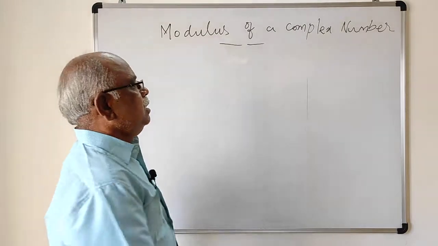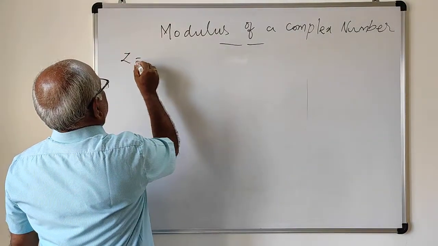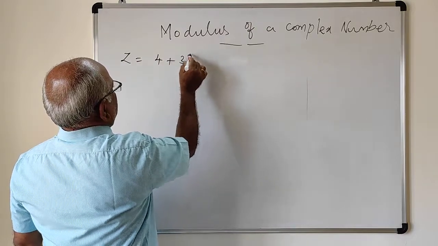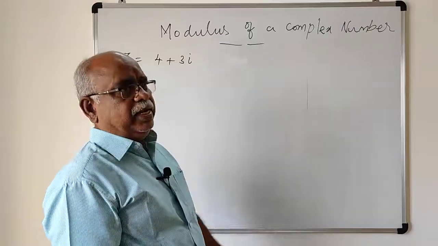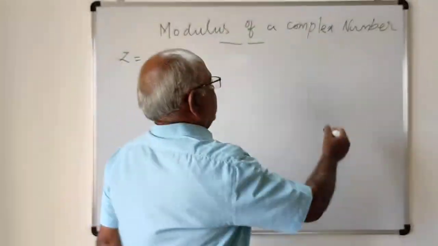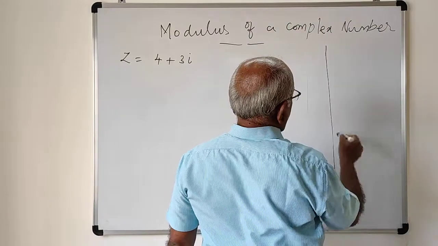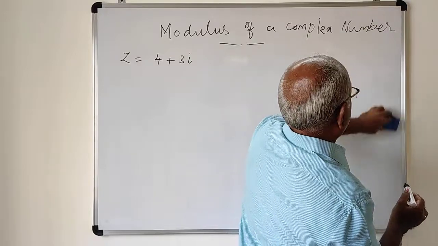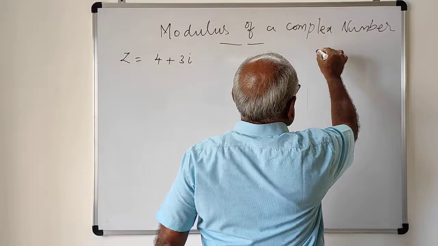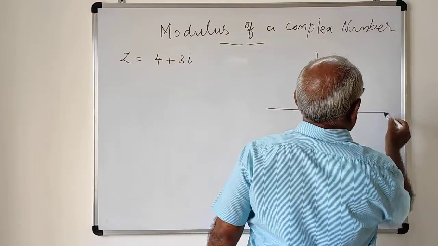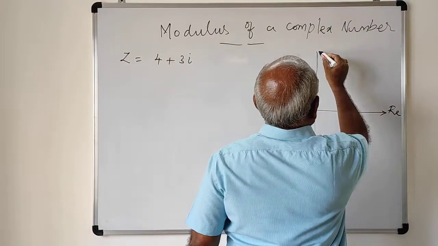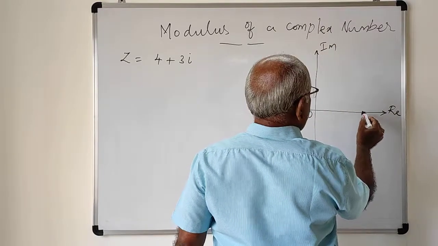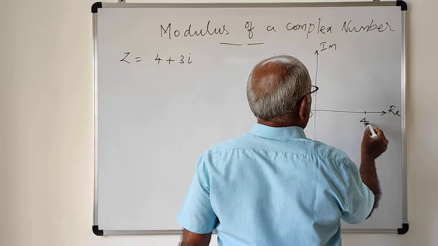Suppose I consider an example. Z is a complex number 4 plus 3i. Real part is 4, imaginary part is 3. In the Argand plane, this is the real axis and this is the imaginary axis, the y axis, and this is the origin.